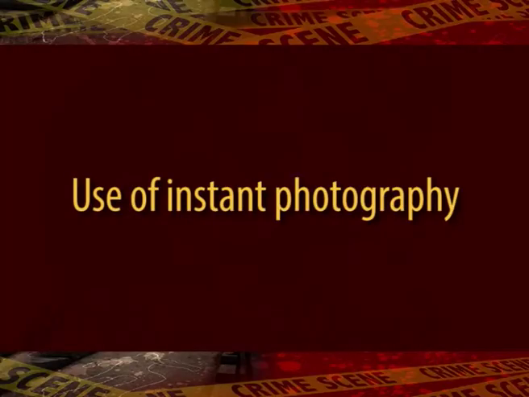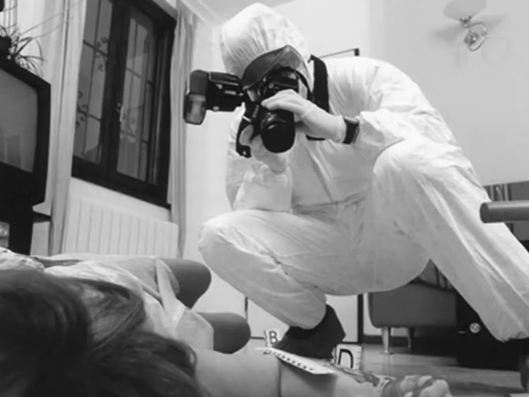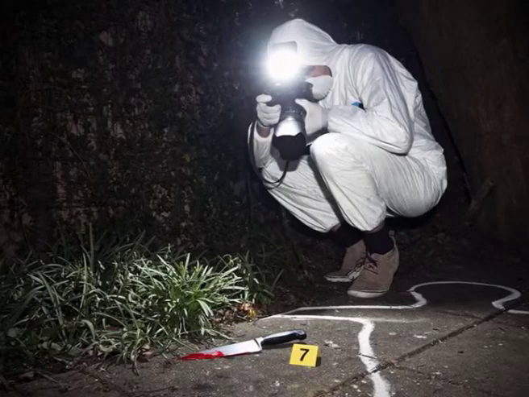Use of instant photography. Often it is seen at the scene of crime that the investigating officer finds transient and conditional evidence at the crime scene can be lost, changed or altered. As we know, these evidences at the crime scene lose their identity with passage of time, so there is an urgent need to preserve them in original condition.